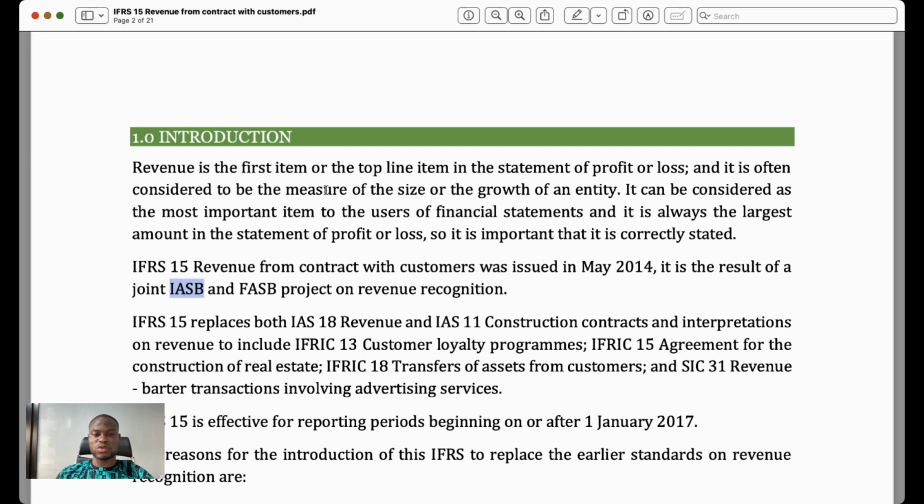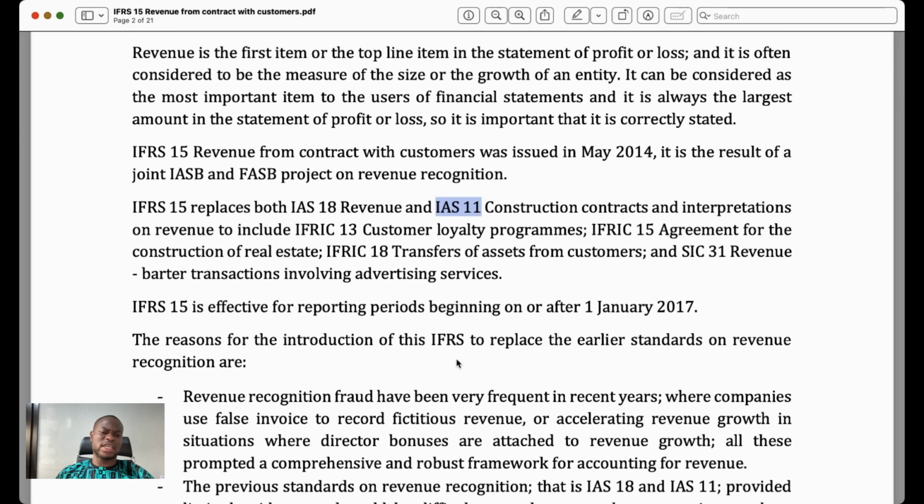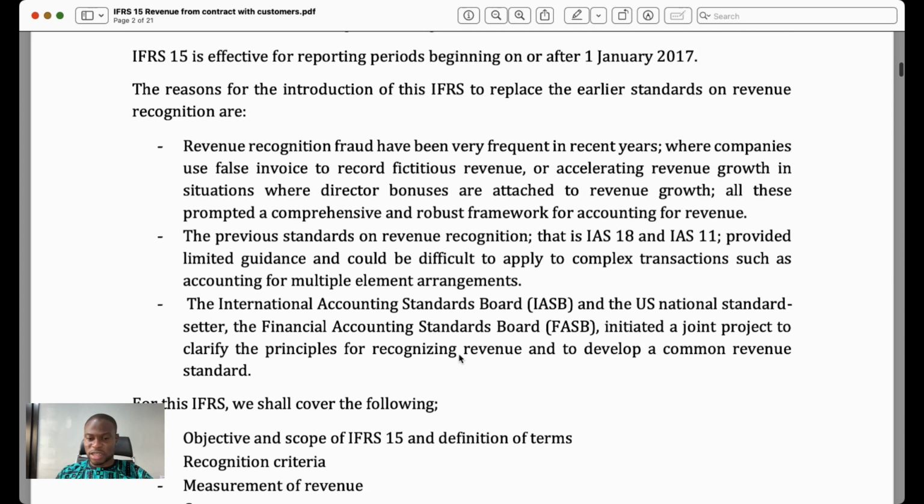So they came together to work on this project, and this standard is going to replace IAS 18 as well as IAS 11. And because of the recent fraud that has happened in revenue recognition, this standard majorly wants to bring transparency when recognizing revenue.